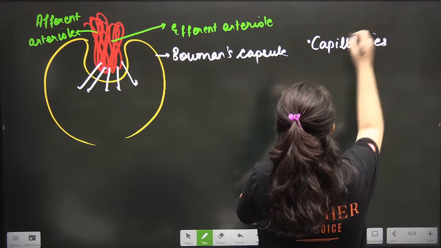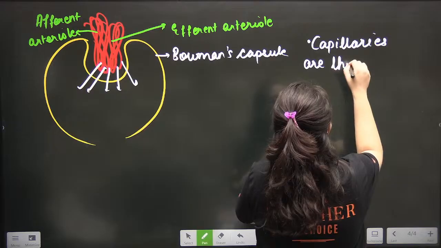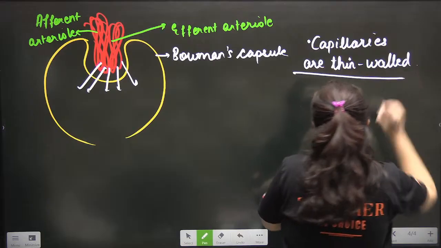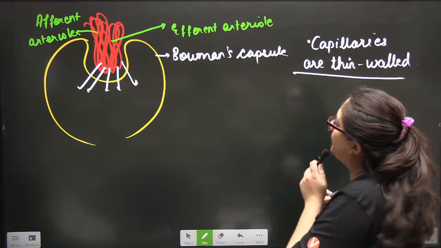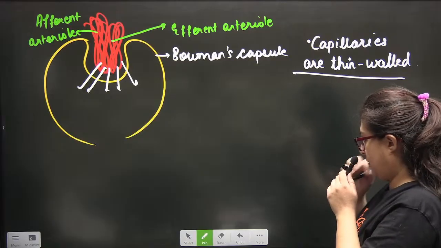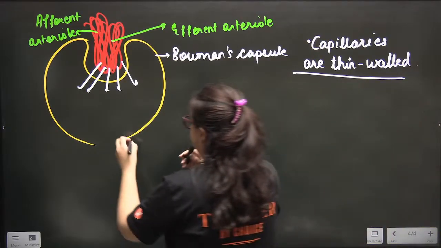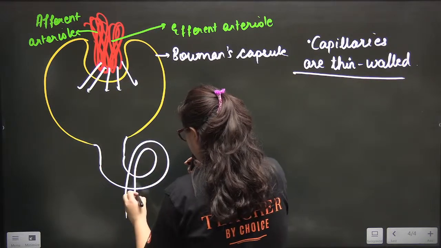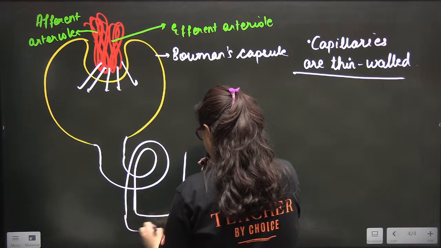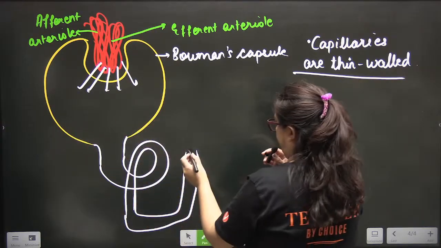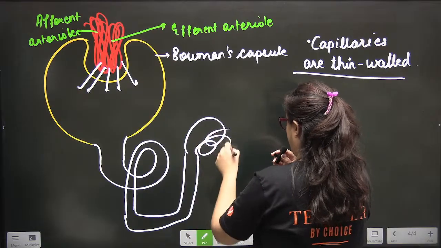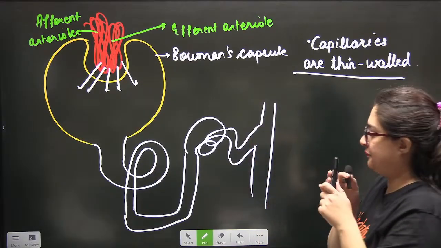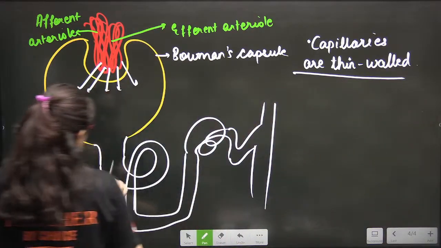Capillaries are thin walled. This is the tubular part. This is your PCT.